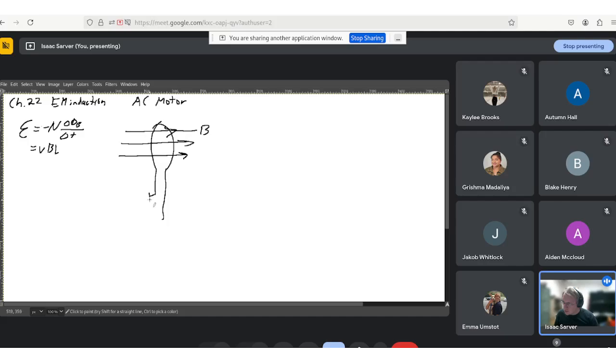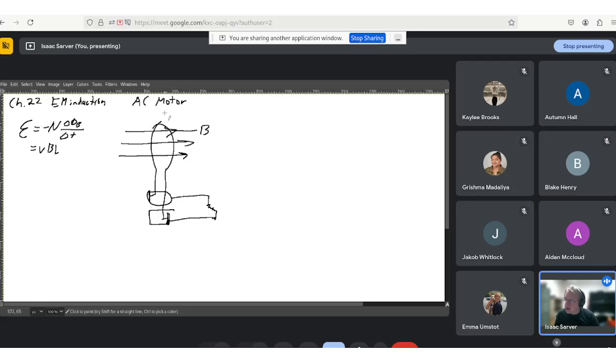This guy goes into a bushing, like so. This guy goes over here to a bushing. They're called rotational couplers, something like that. And so then this goes over here to some load, whatever is on the grid.